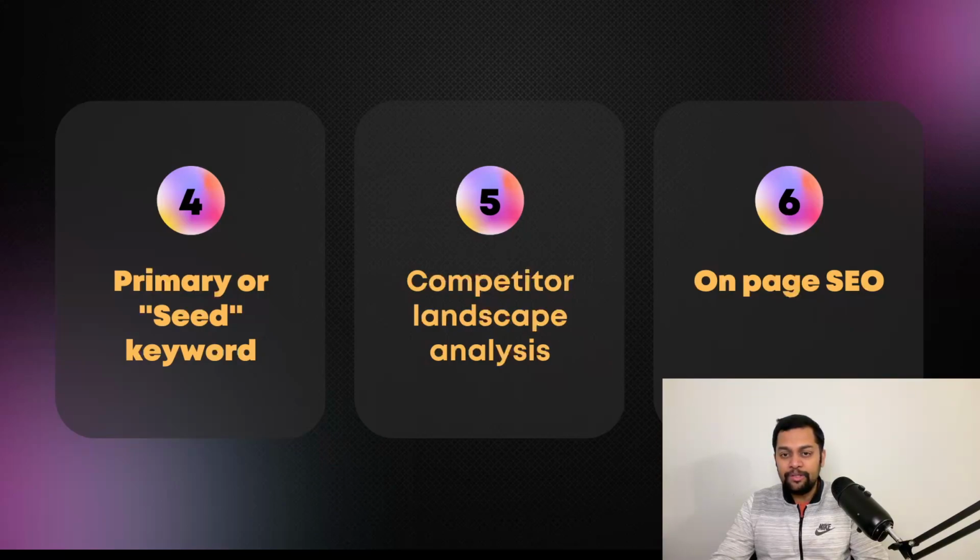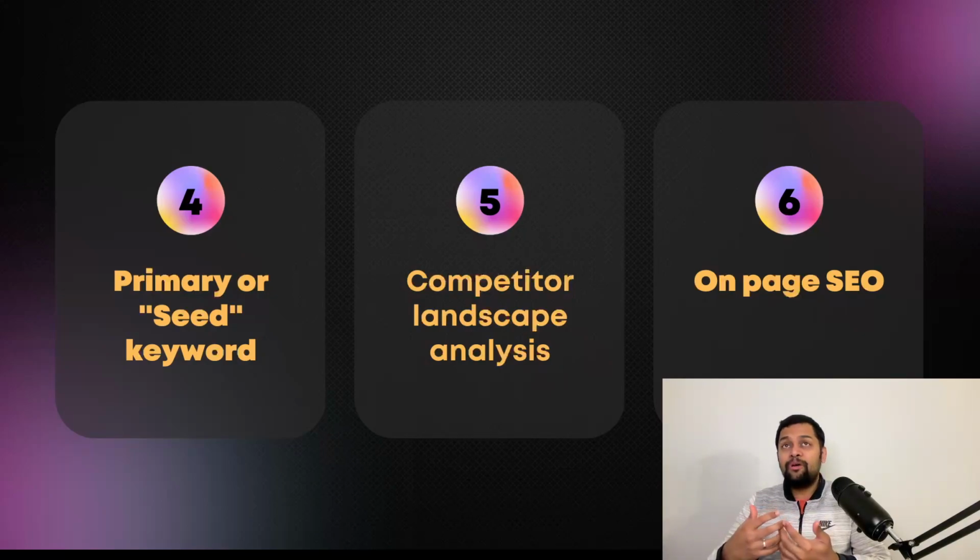Then what you can do is focus on identifying what keywords your competitors are ranking for. That's where your competitor landscape analysis comes into play. In this case, you can use a tool like SpyFu, where you can understand what keywords your competitors are bidding on for Google Ads. This is a great way to determine which keywords are profitable.